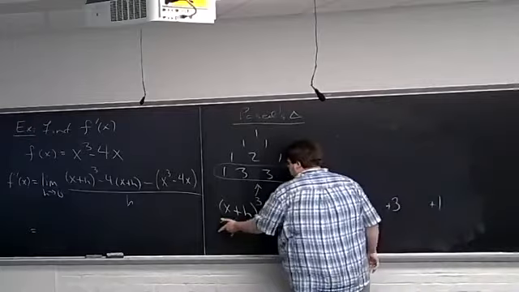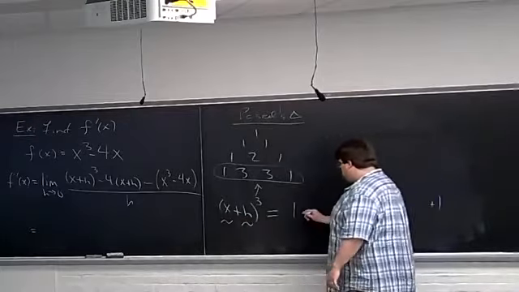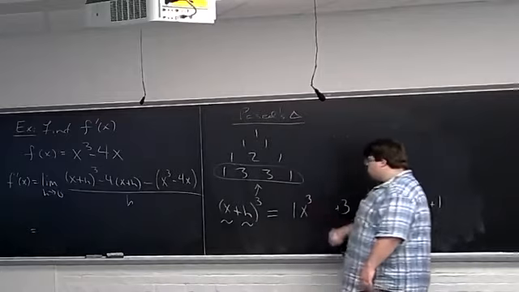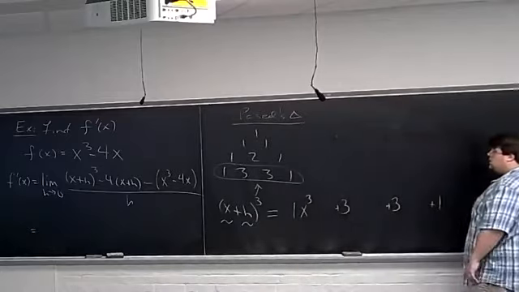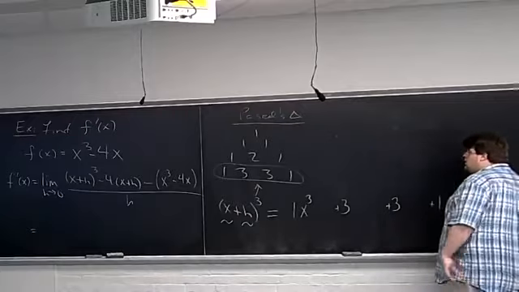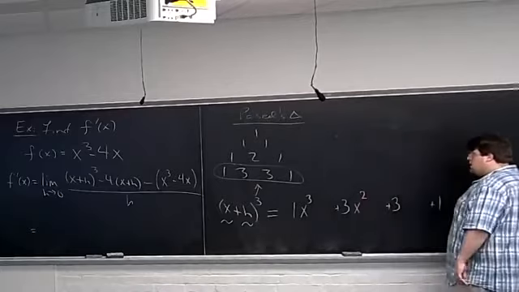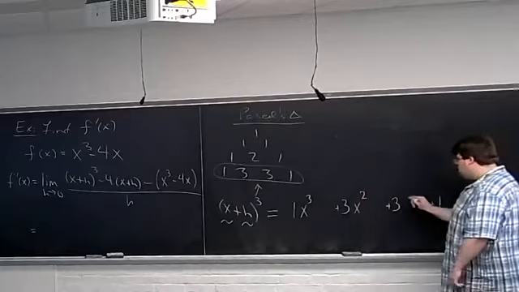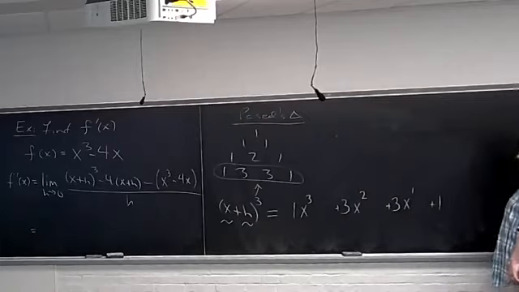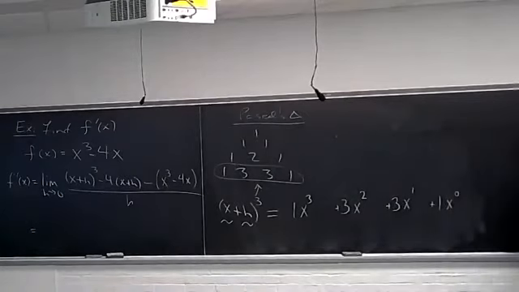Well, let's start with x, our first one. We're going to put 3 x's on this first coefficient, which we can write as x cubed. Then we're going to put 2 x's here, x squared. We're going to put 1 x here, x to the 1, and we're going to put 0 x's here, x to the 0.